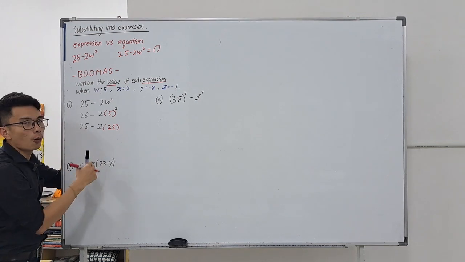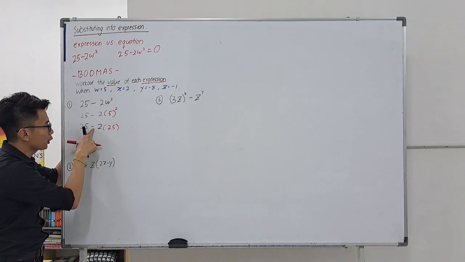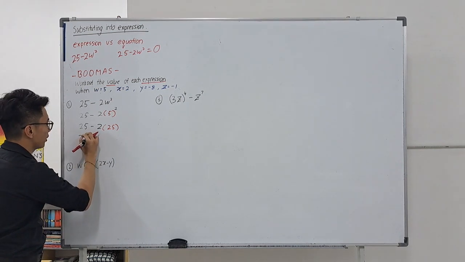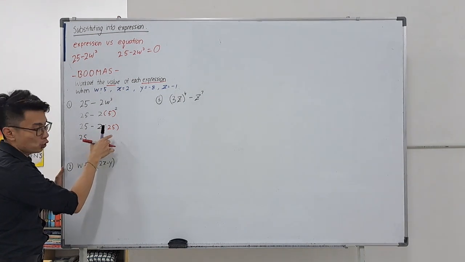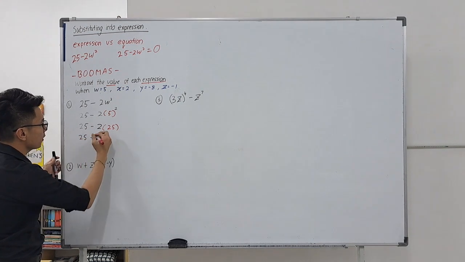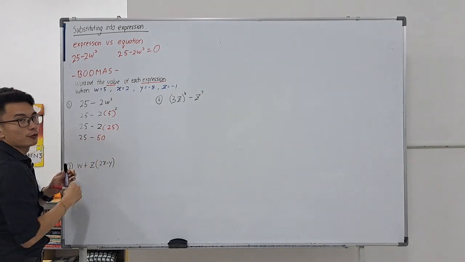So what are the operations I have now? I have subtraction and multiplication. So I'm going to have 25, multiplication will come first, minus I will just follow, and this will give me 50.